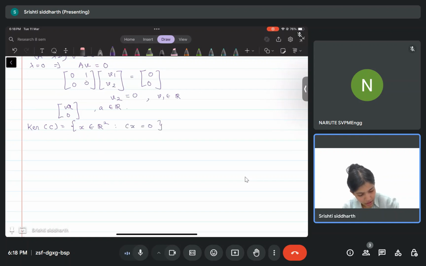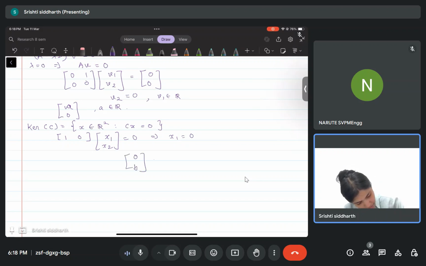C for the first case was just the first output, so 1, 0, times x1, x2 equals 0, which is just one equation, x1 equals 0. So vectors in the kernel of C are going to be of the form 0 and, let's say, b, where b is some real number.